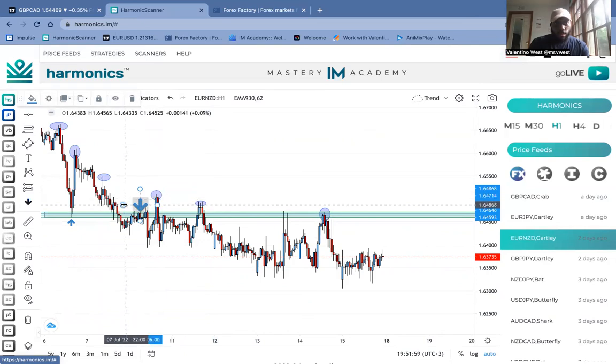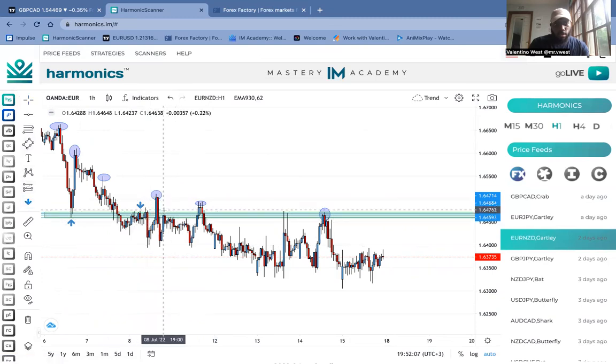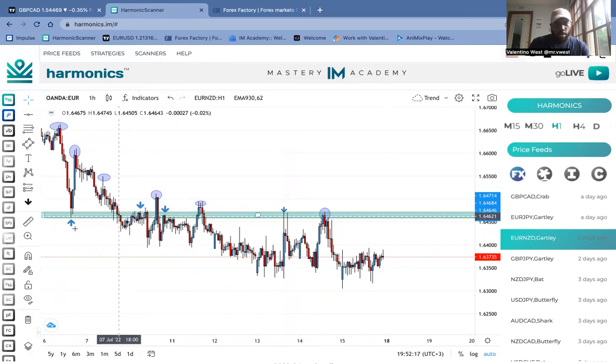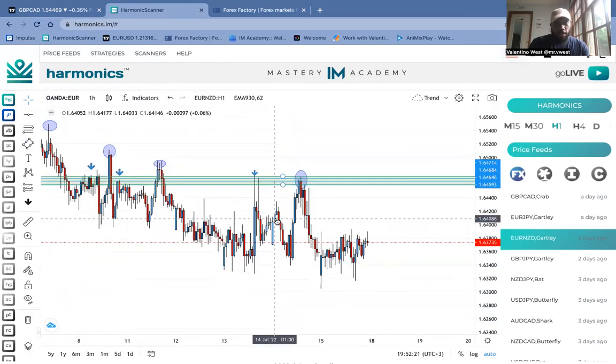Boom, we have structure here, and multiple points came up, came up, came up, and then dropped. Multiple points, there's structure. Boom, structure again. Boom, structure again. So we have 4 separate points of structure.